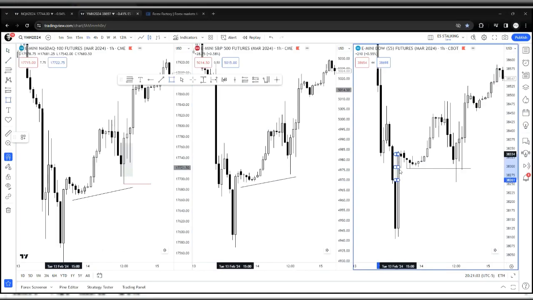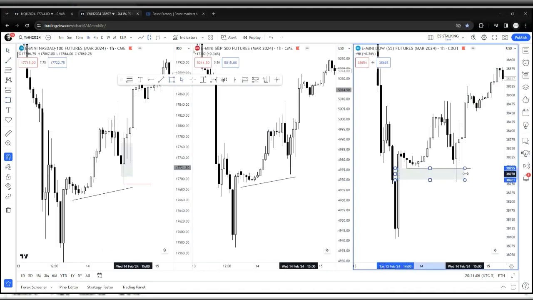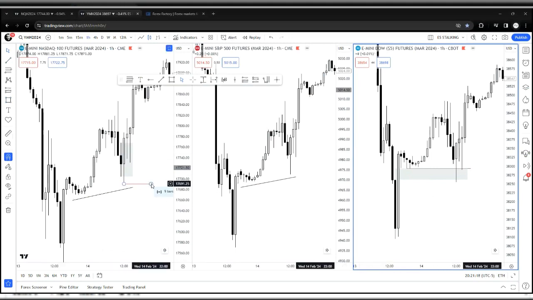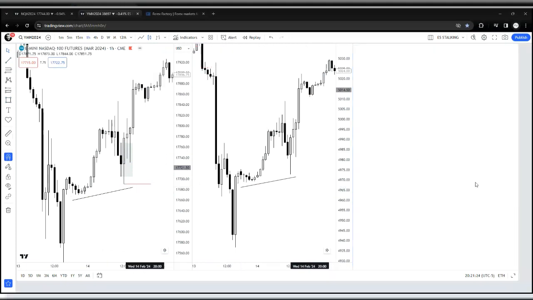Right here, you can see price trade into this fair value gap right here, while not closing these ones as well, which is a part of the SMT, right?